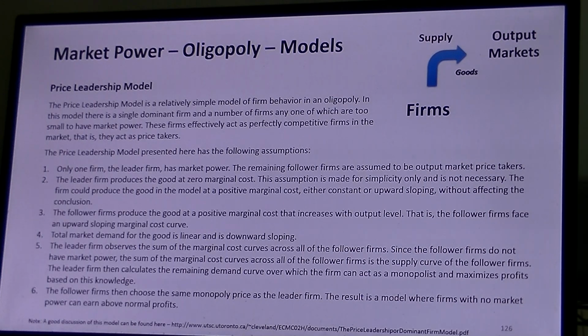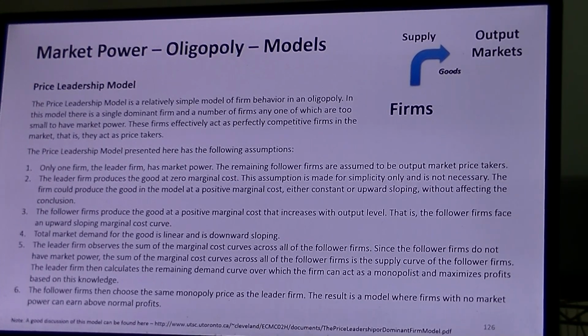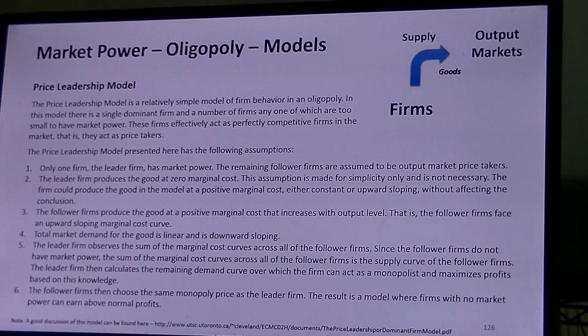But we produce an outcome that looks like an oligopoly, where the follower firms can earn above normal profits. So this is an interesting outcome where the follower firms earn above normal profits, and at the same time they don't have market power.